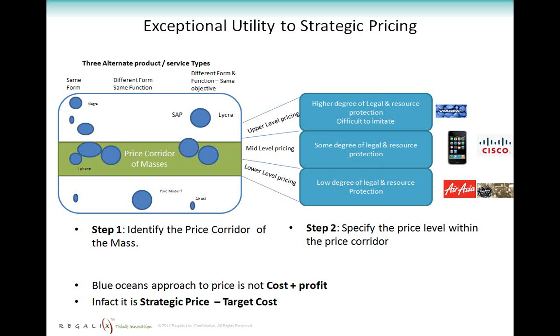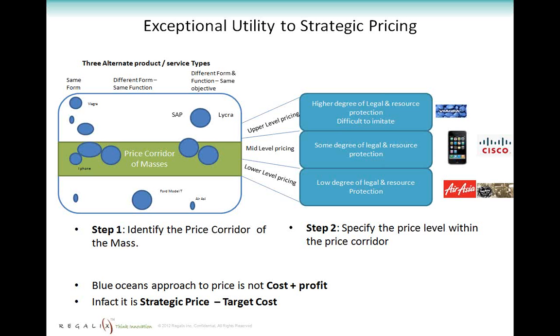Once we have plotted all the volumes, we need to choose the corridor that has the highest volume. Once that is done, we need to specify the price level within which this price corridor will fall. The way to do it is to understand whether a company has a high degree of legal and resource protection. The idea being, if your product is easy to imitate, then there is no point charging a higher price.